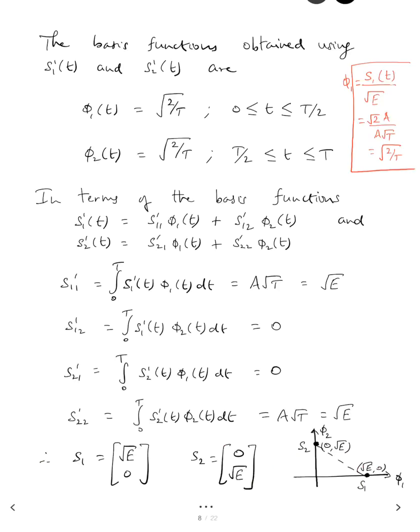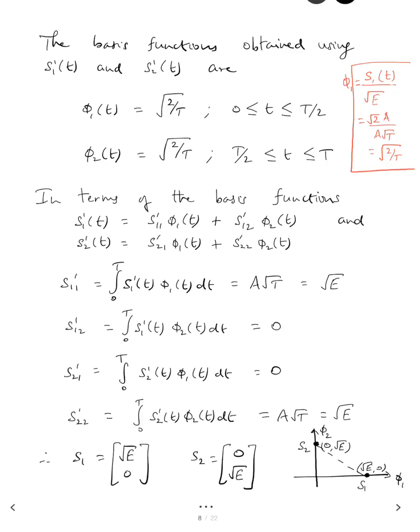Once we have the energies, we can now talk about how to construct the basis functions. The basis functions can be obtained using the Gram-Schmidt procedure. If you recall, we need to evaluate the projections of each of those signals onto the basis functions.